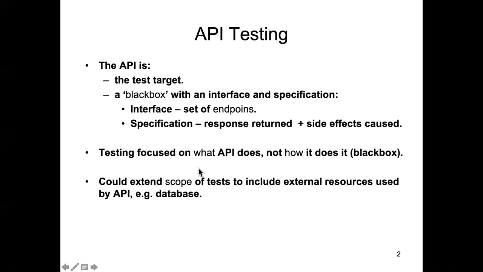And again, the fact that the API is going to be talking to a database, or even possibly some other web API service, may be part of our concern when we're writing our tests.